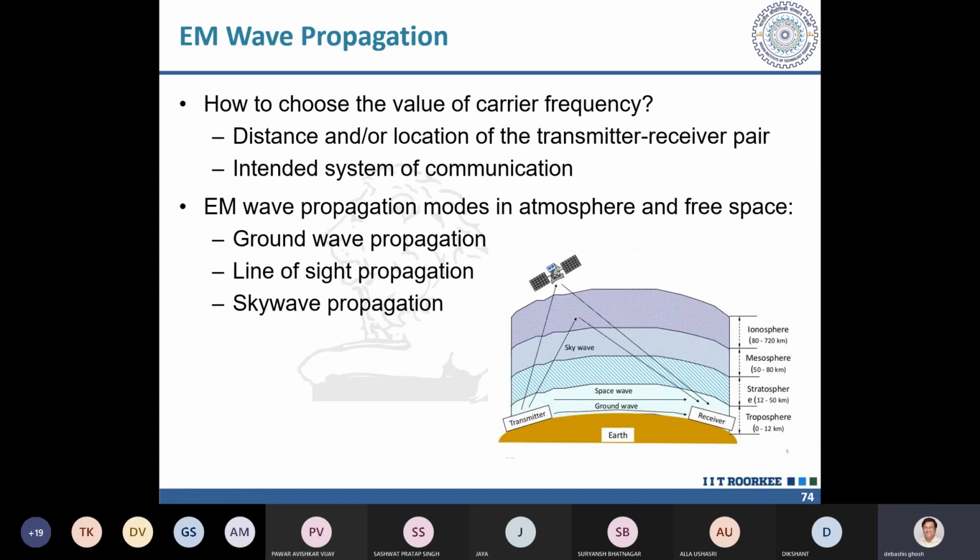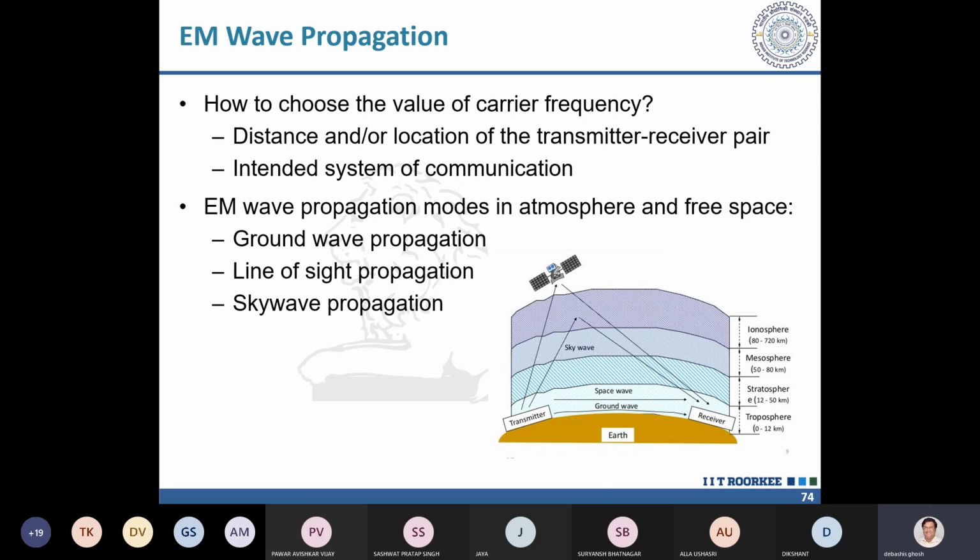Now the question comes about the carrier frequency. Even with a superheterodyne, this intermediate frequency FIF has to be translated to a higher frequency FS or FC, where FC is the carrier frequency. So how do we choose this radio station or channel frequency?